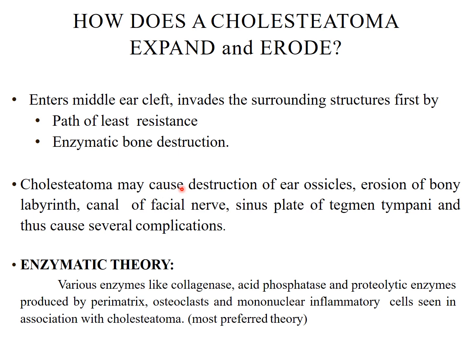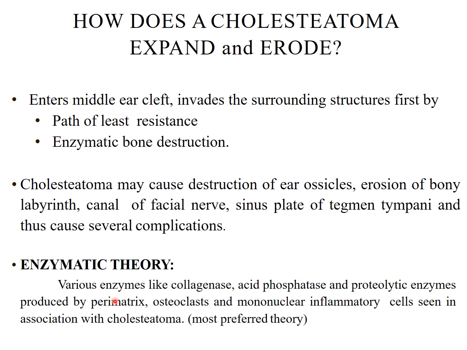So cholesteatoma may cause destruction of the ear ossicles, erosion of the bony labyrinth, the canal of the facial nerve, and the plate of tegmen tympani, which is a separating bone from the brain, the middle cranial fossa, and thus it causes several serious complications. The destruction by cholesteatoma is explained by the enzymatic theory, in which various enzymes like collagenase, acid phosphatase and proteolytic enzymes are considered to cause the bone destruction by cholesteatoma.